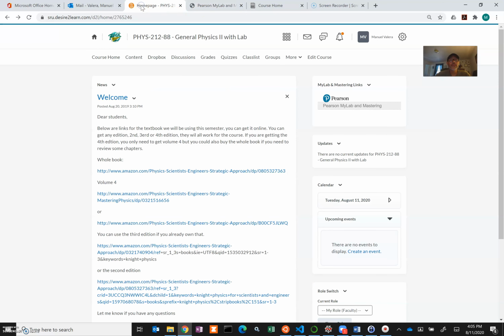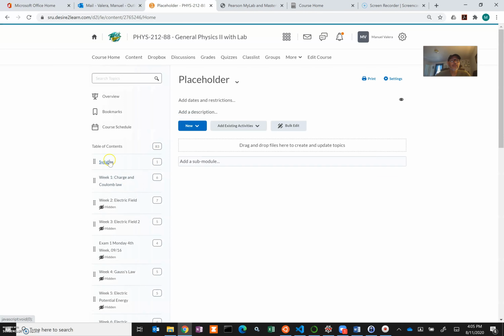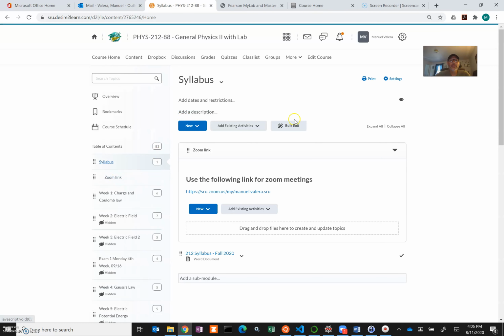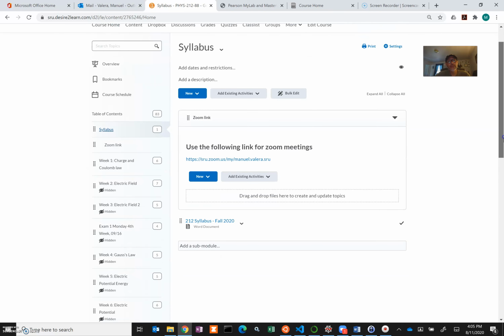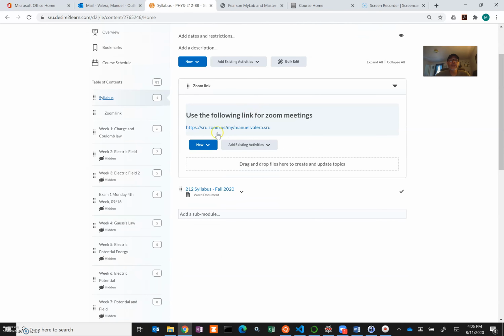Let's go through the syllabus quickly. We go to Content, and then Syllabus. Actually, before we talk about the syllabus, the Zoom link. In Syllabus there is this little submodule here, and if you click it, this is a link to Zoom that is going to be used for all communications in the class.